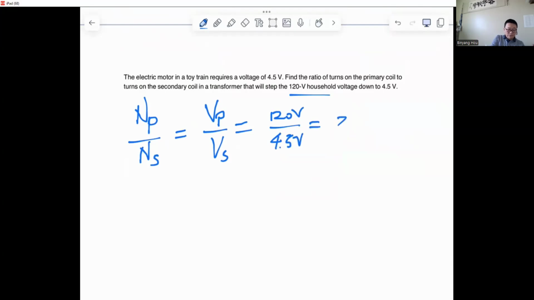This gives you 26.667, or you can just say 27. So that's the ratio. If you have 27 turns in the primary, then 1 turn in the secondary. Typical is more than that, maybe like 100 on the secondary, 2700 on the primary.